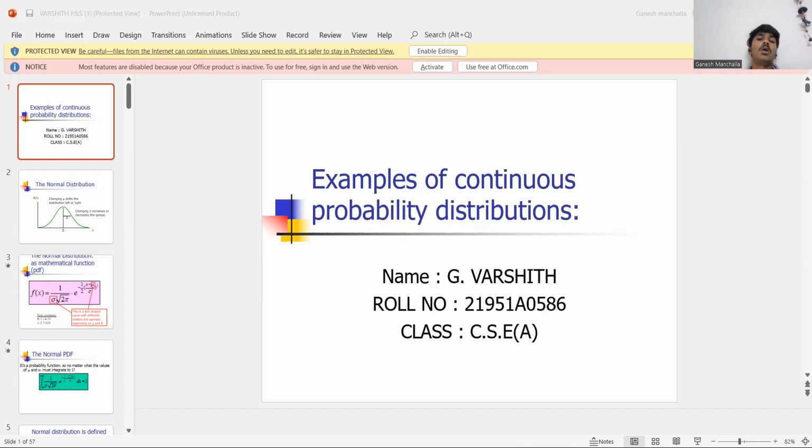Example. What's the probability of getting a math SAT score of 575 or less? Mu equals 500 and sigma equals 50. Z equals (575 minus 500) by 50, which equals 1.5. That is, the score of 575 is 1.5 standard deviations above the mean.